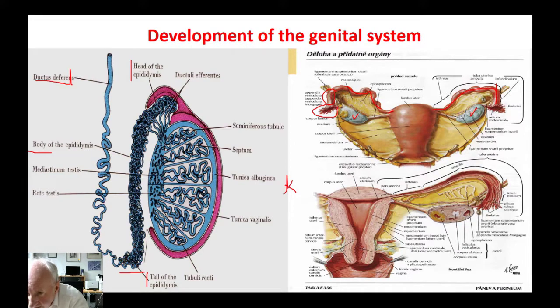Then when the uterine tube is ending, we are in the cavity of the uterus with the fundus, body, corpus, the isthmus is this part, and the cervix of the uterus, cervix uteri. And then you see here a little bit opened the wall of the vagina.